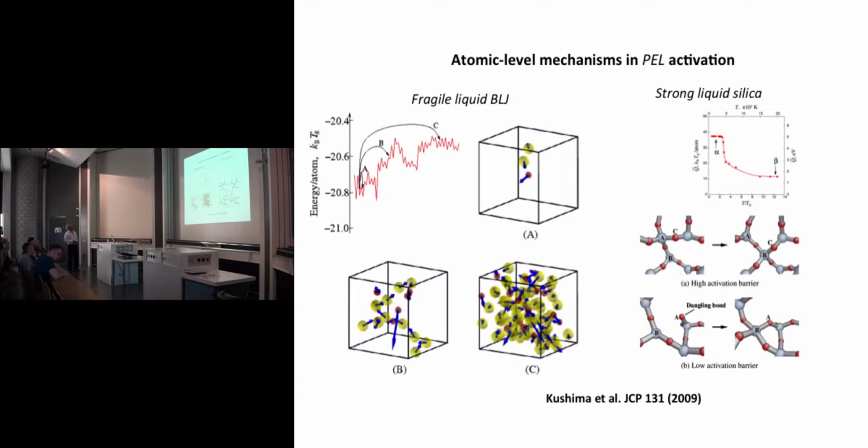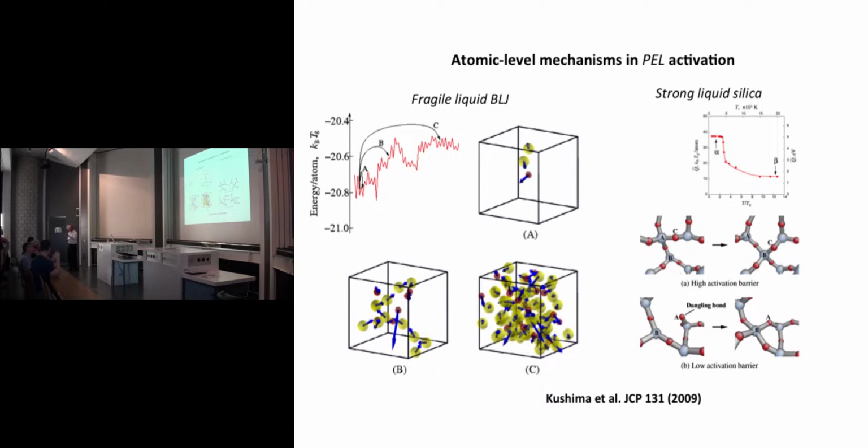Now, I'm going to skip over some mechanism parts, just to show you that you can now begin to look at how the atoms move when they start to activate, like string motions, line motions, which have come up in discussions of melting. And when you do it for silica, which looks very much like silicon, you also see interesting bond exchanges and bond rebonding.